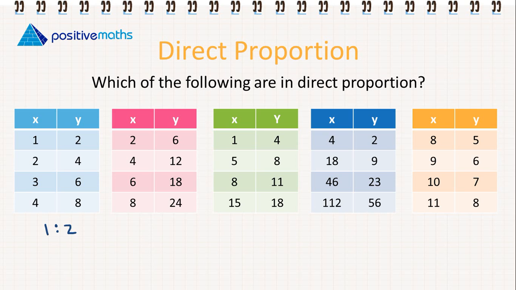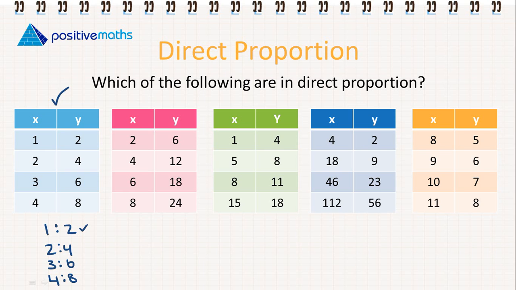So 2:4, for example, is the same as 1:2. 3:6, again the same as 1:2. And 4:8, again this is the same ratio. So we say that yes, this first light blue table is directly proportional.